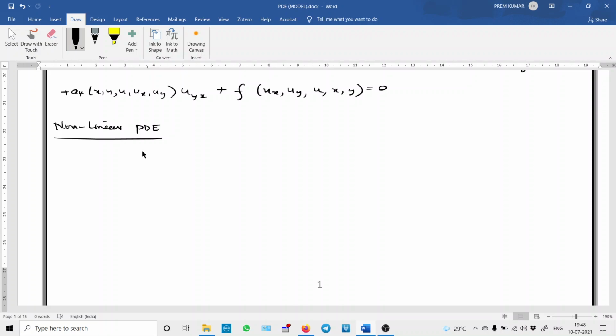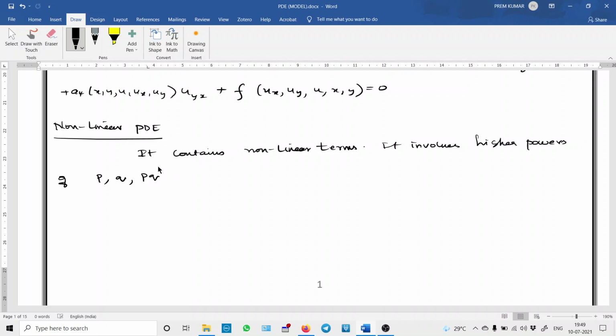The simplest way we can explain this: it contains non-linear terms, and it involves higher powers of p, q and pq.